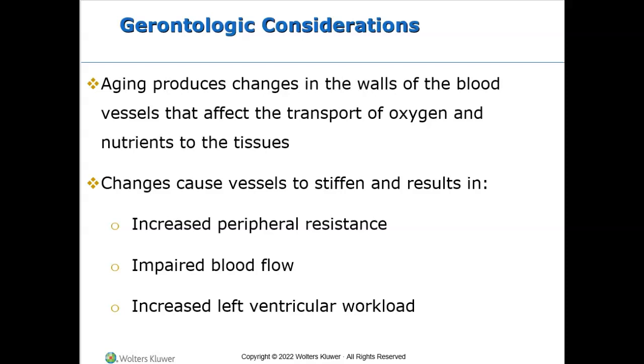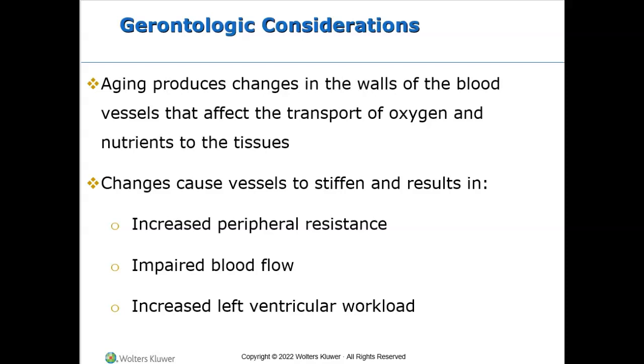Age-related changes in the blood vessels. Again, always know your age-related changes for your geriatric population, please. The aorta becomes thicker, stiffer, and less flexible. This is related to changes in the connective tissue of the blood vessel wall. This makes the blood pressure higher because it has more resistance, and it makes the heart work harder.